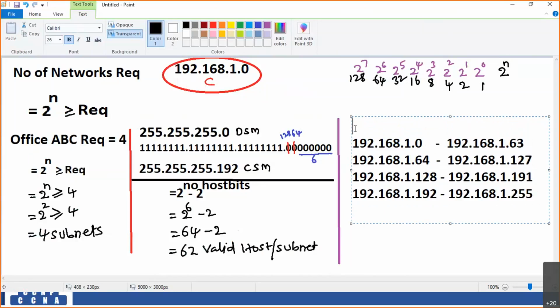So on the left side, these all are network IDs, and the right side values are broadcast IDs.